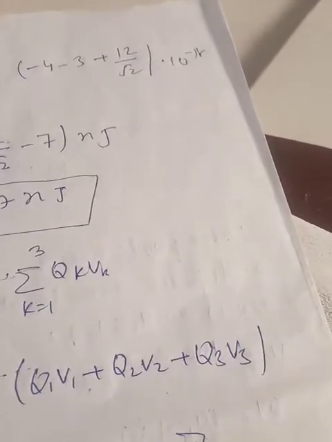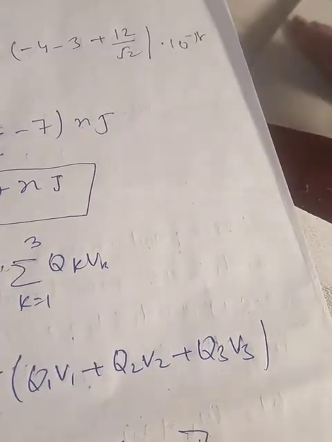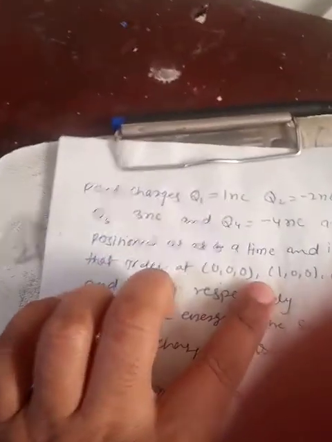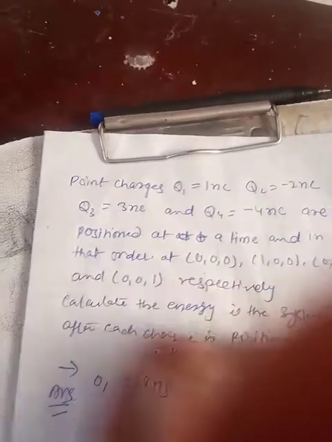Now there is one more numerical which you are supposed to solve. One more numerical is floated for you.